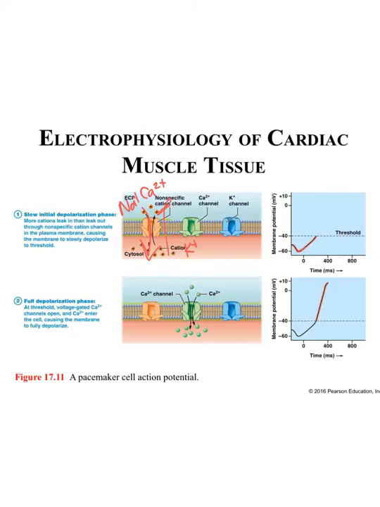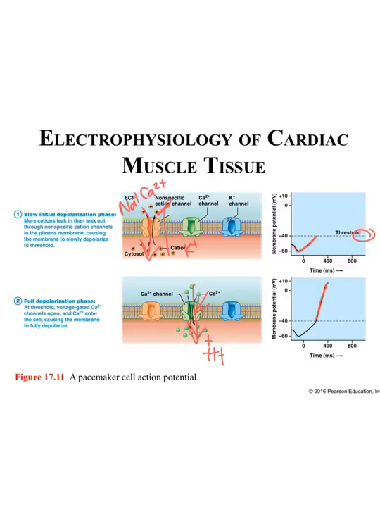That is why you see it go from a little less negative to more positive. Notice here in these pacemaker cells, we have a threshold. As soon as you reach negative 40, you've reached the threshold at which we open calcium gated channels. Now you have a lot more positive ions entering the cell, which helps it rapidly depolarize to about +10.